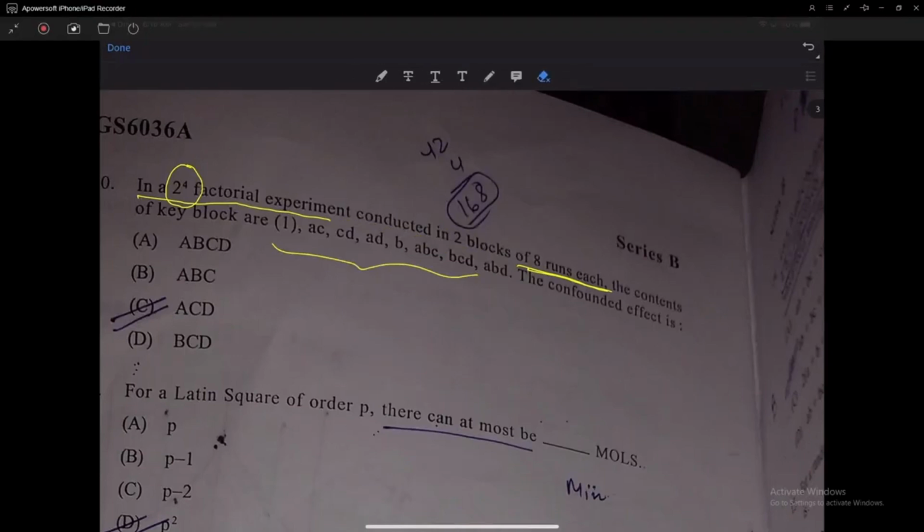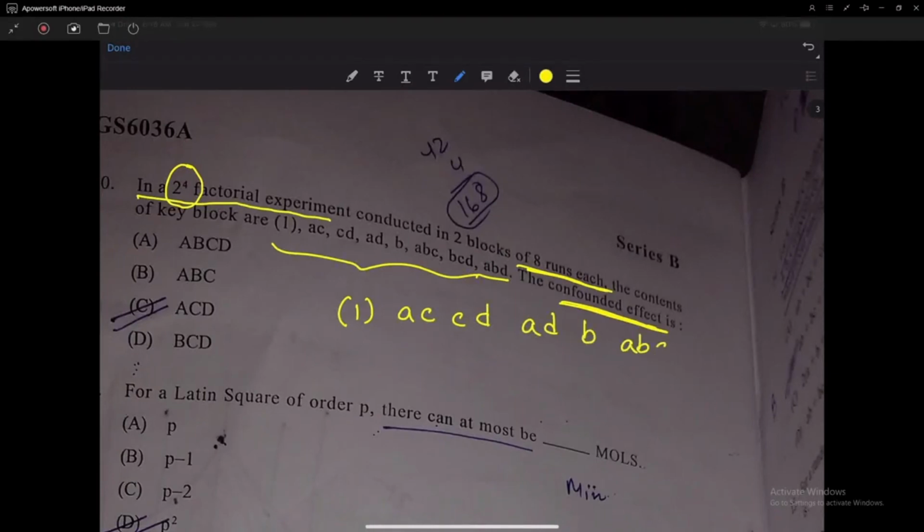So that's the important part. We just have to find the confounded effect. So you can see that the key block is 1, AC, CD, AD, B, ABC, BCD, and ABD. Okay, so this is my key block.